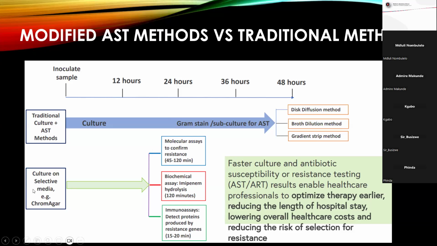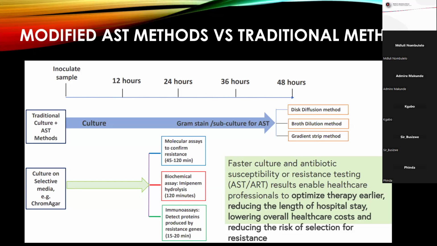Also, some selective media reduce the AST period by subculturing and picking up the resistance as early as possible. But remember, we said the disadvantage is it's resistance only. It doesn't show the susceptibility to antibiotics.